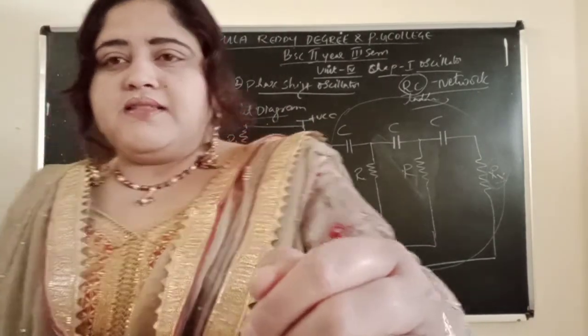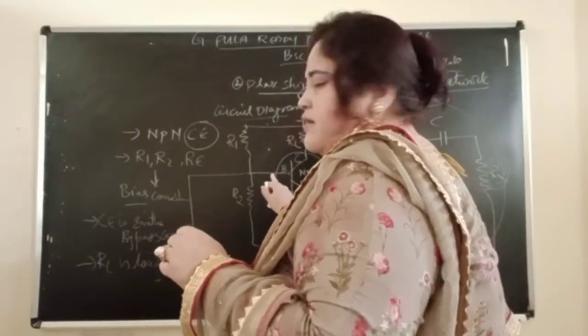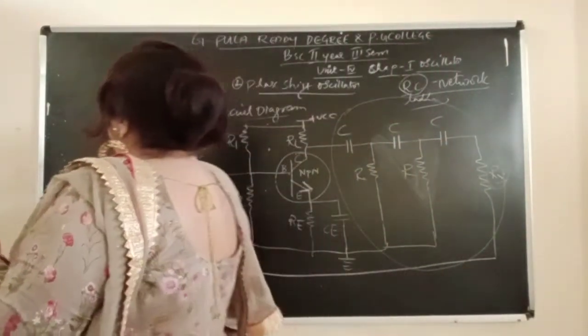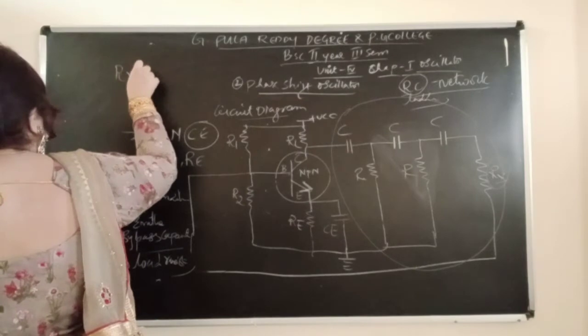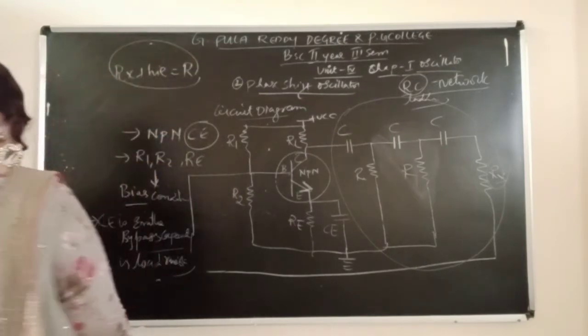So the last resistor will join the internal hie. Rx plus hie is equal to the total resistance R of the circuit.